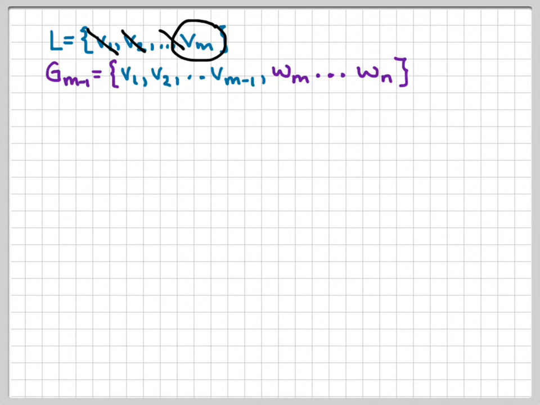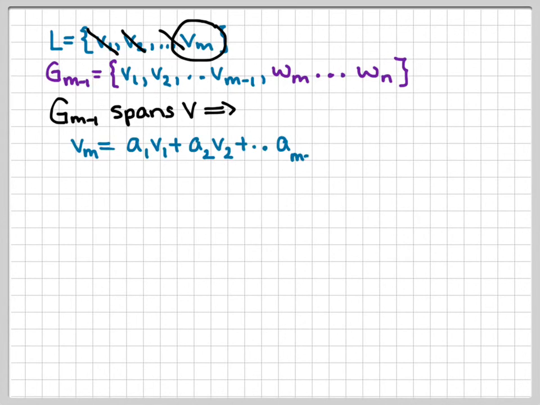So I can take any particular element, like say V sub m, and write it as a linear combination of those things. Gm-1 spans V, which means I can write Vm as a linear combination of all of these other things. Okay? Now, is it possible that all of the B's are 0?